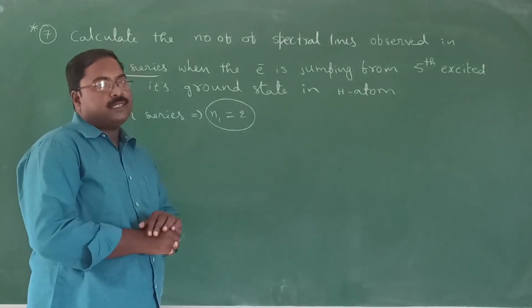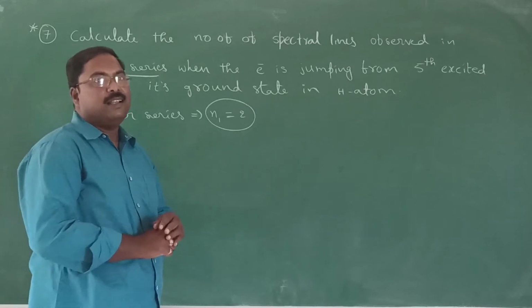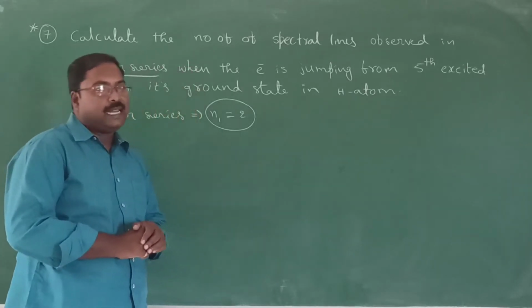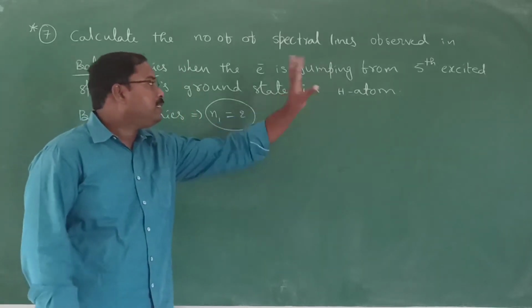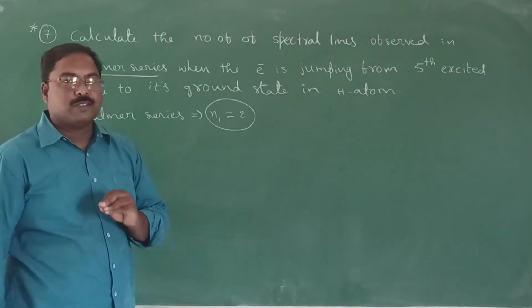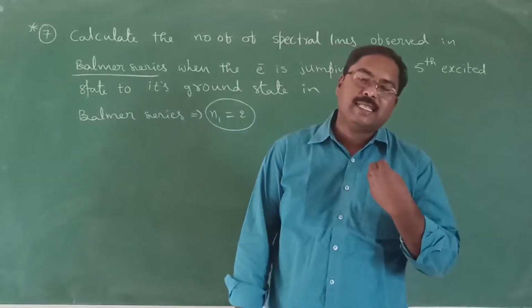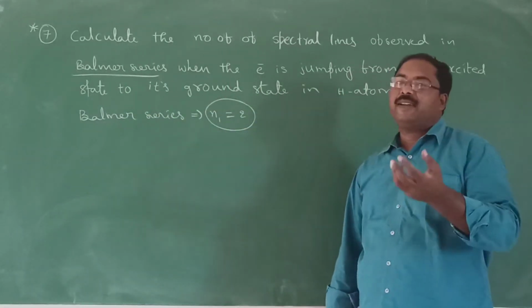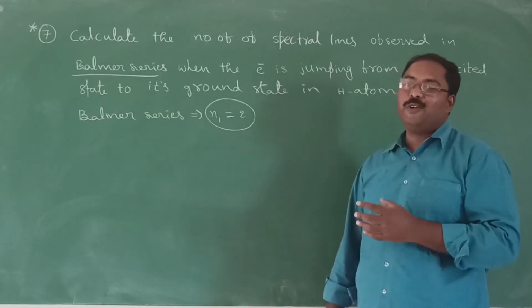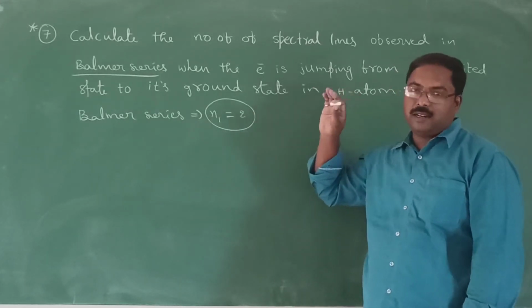That is a wrong answer. Why is it wrong? The formula I gave is n2 minus n1. So n2 is 5, n1 is 2, 5 minus 2, 3 you may choose. That may be the first option. You may think we answered correctly, but later after checking the key we will come to know 3 is the wrong answer to this question.